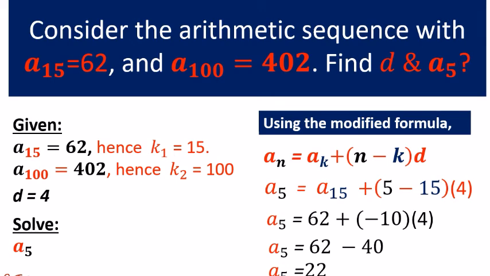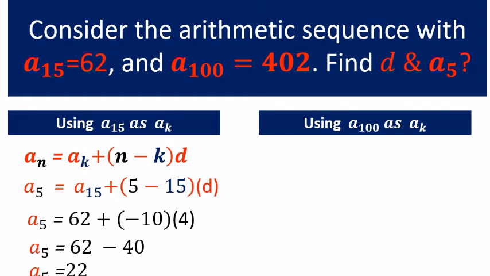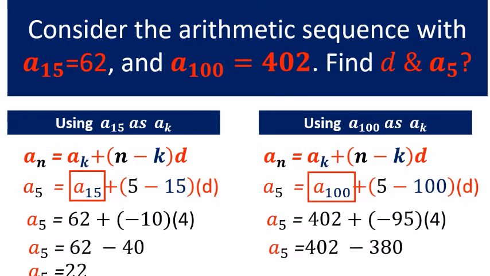If you are wondering why we chose a sub 15 instead of a sub 100, that doesn't really matter. So let me show you another solution when I use a sub 100 as a sub k instead of a sub 15. Substituting all the information in the given formula, the answer yielded a sub 5 equals 22 as well.